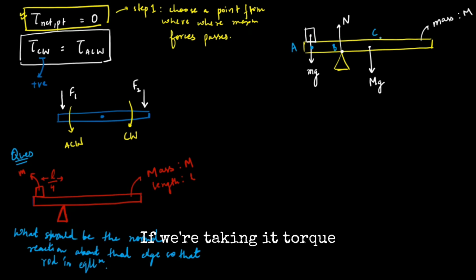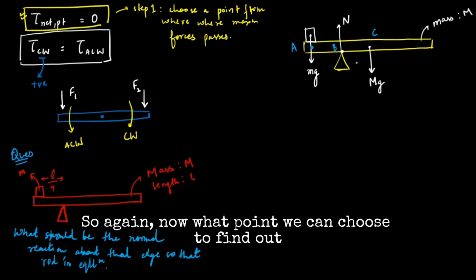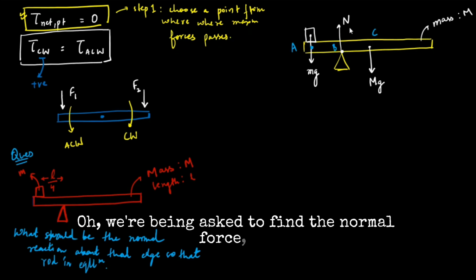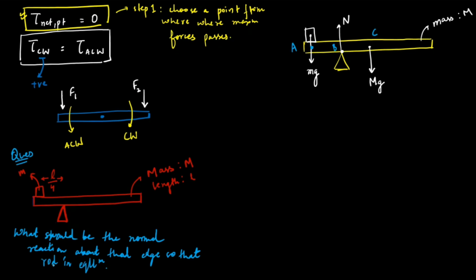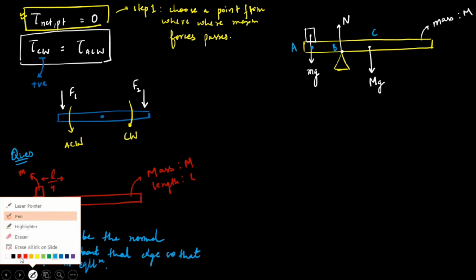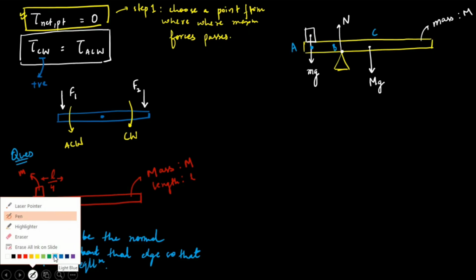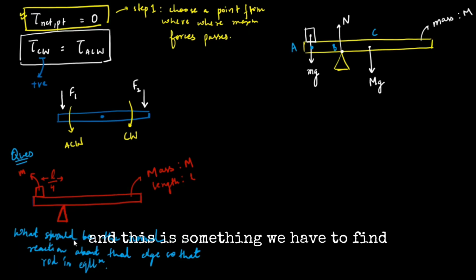Now what point can we choose to take torque zero? First of all, you have to understand what force you have to find. We are being asked the normal reaction, to find the normal force. So we cannot take torque zero at point B, because if we do so, normal will become zero, and this is something we have to find.